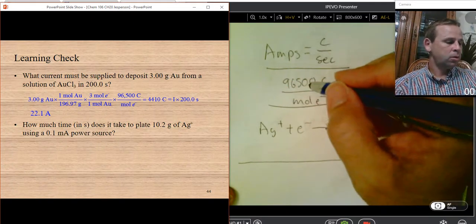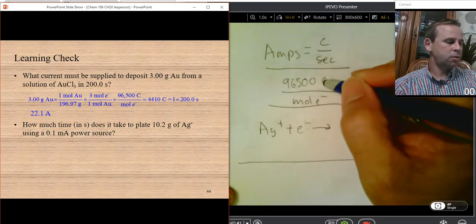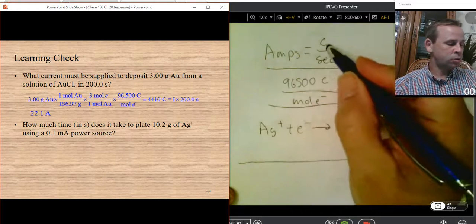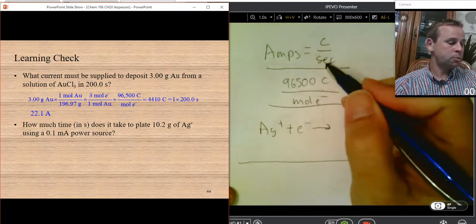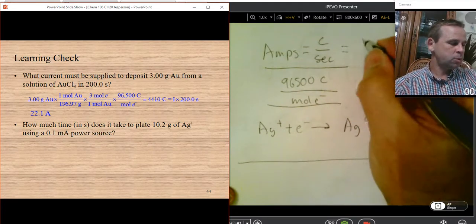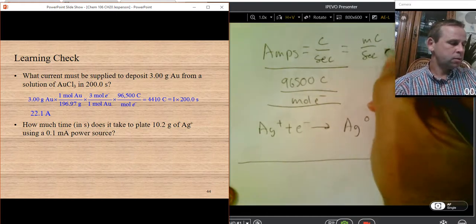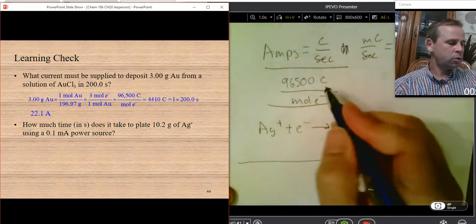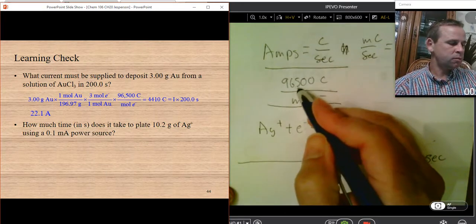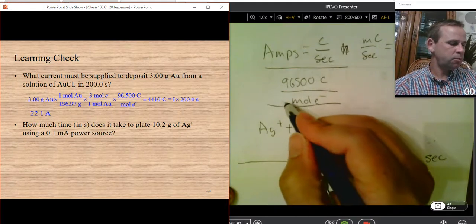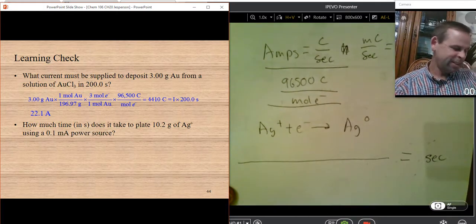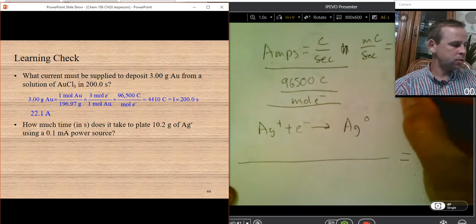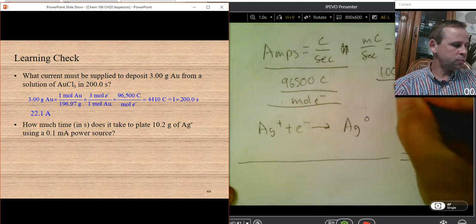Milliamps is just millicoulombs per second. If you wanted to convert coulombs to millicoulombs, you would just divide this by 1,000. There's 1,000 millicoulombs for every 1 coulomb.